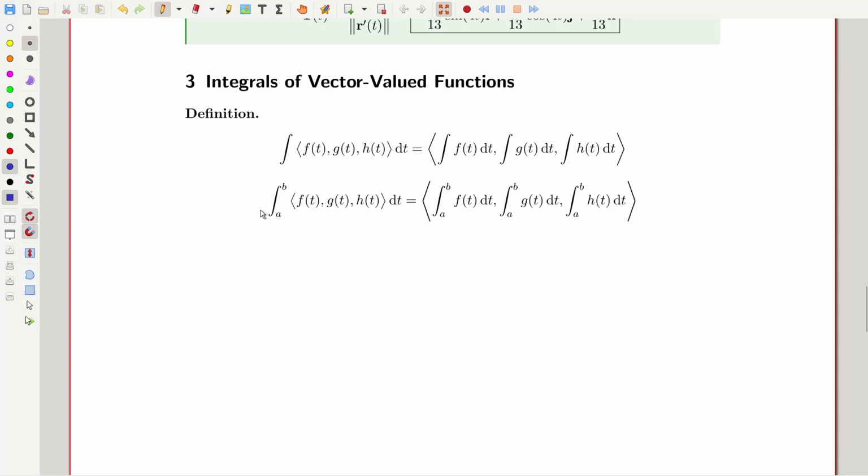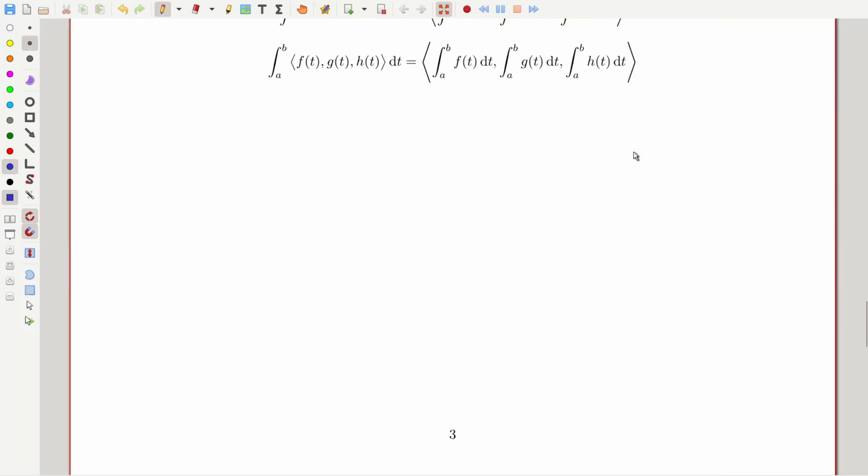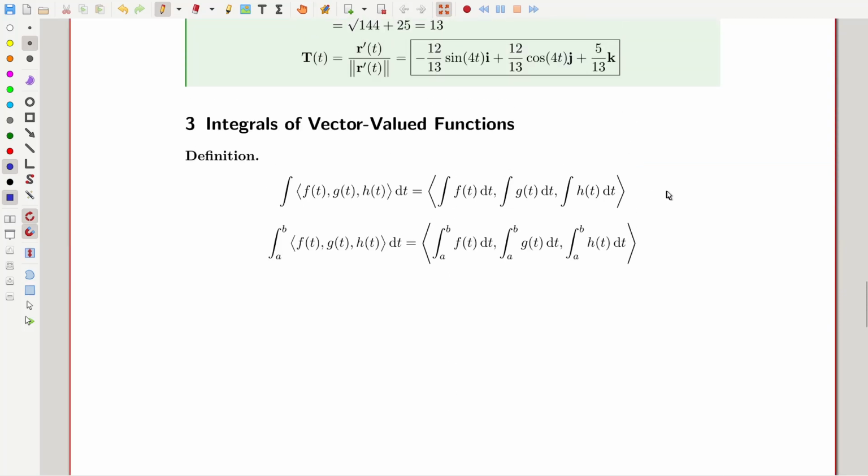Though one thing to comment is that when we get this expression, in practice, we might have to tack on a constant. Just like with ordinary integration, I didn't write the constant here, but these integrals have constants in them. We would have a constant, and the constant actually would be a vector, right?